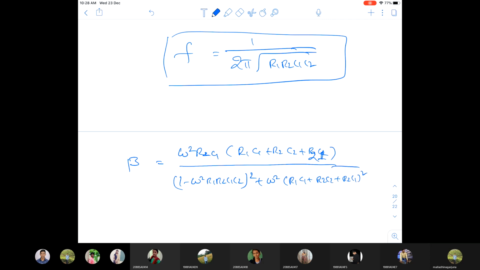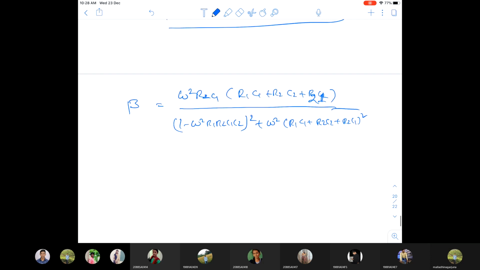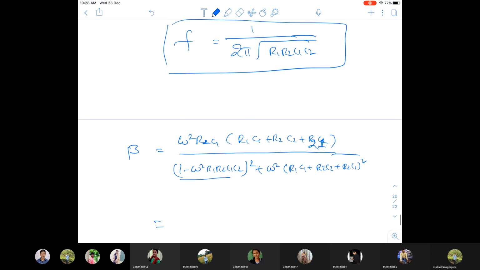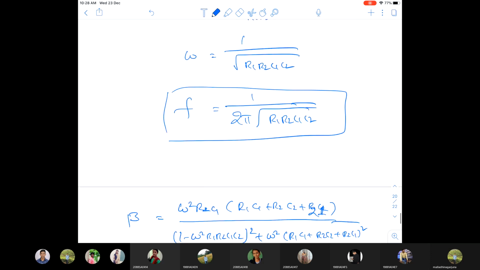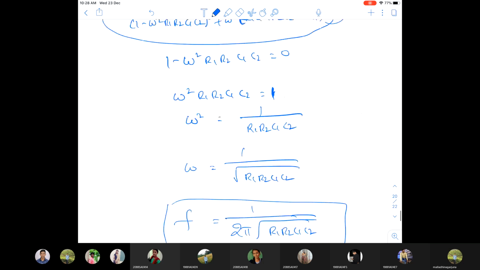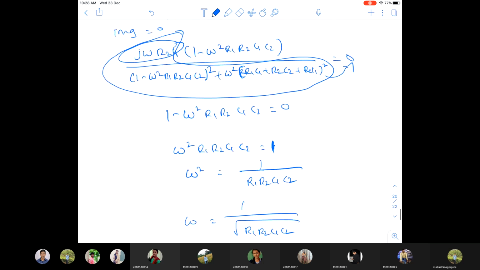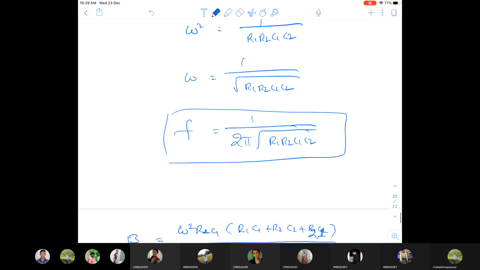Okay, this is the remaining part. So now this is equal to, anyway this is 0. Why? Because 1 minus omega square R1 R2 C1 C2 equals 0. So this part is 0, and you can remove this term.